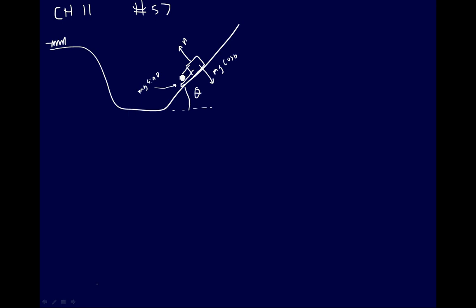The other force we have to account for is the force of kinetic friction. I'll call my x and y like this: this is the y, this is the x. I'm interested in how far up in our tilted x direction it goes, so I'm going to find the net force in the x direction. The net force in x would be negative force of kinetic friction minus mg sine theta.